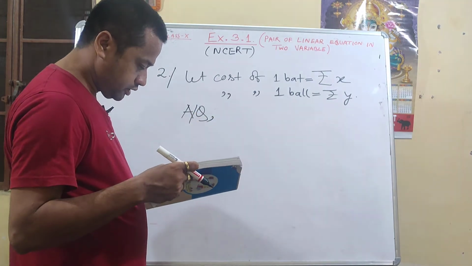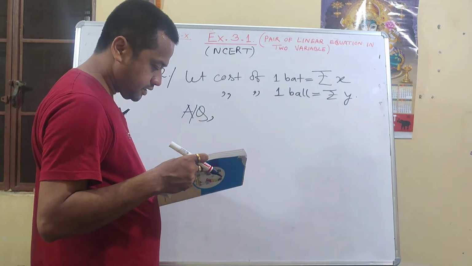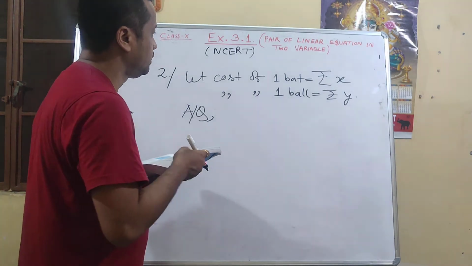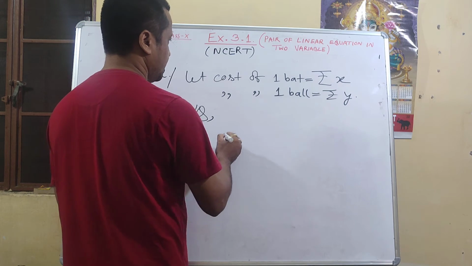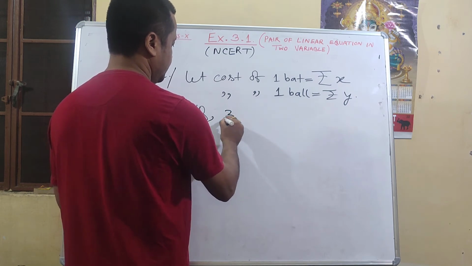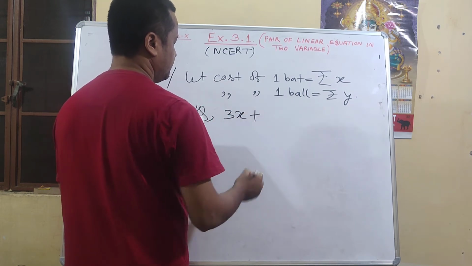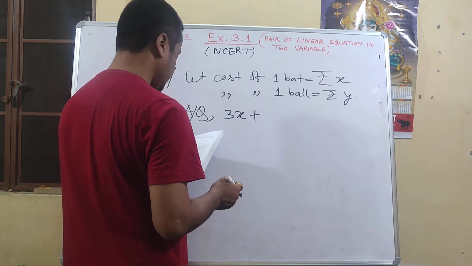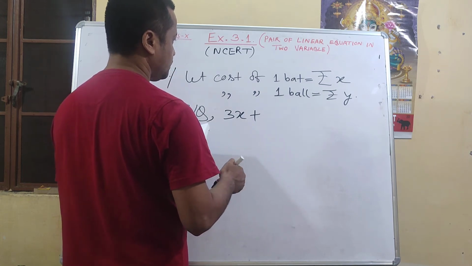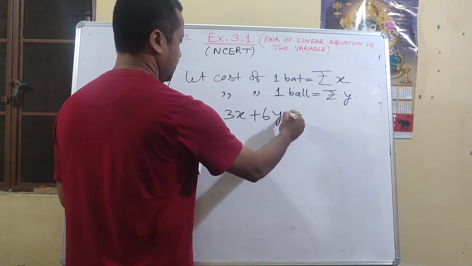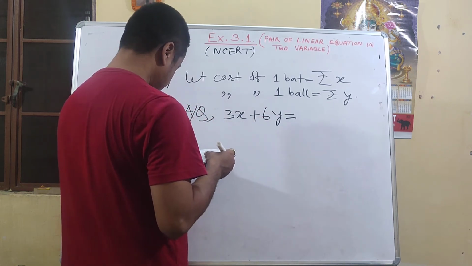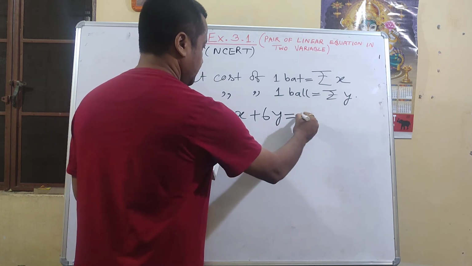the first condition is 3 bats and 6 balls. The price of one bat is x, so the price of 3 bats will be 3 into x, that is 3x, plus 6 balls. One ball costs y, so 6 balls cost 6y, and on the right hand side will be 3900.